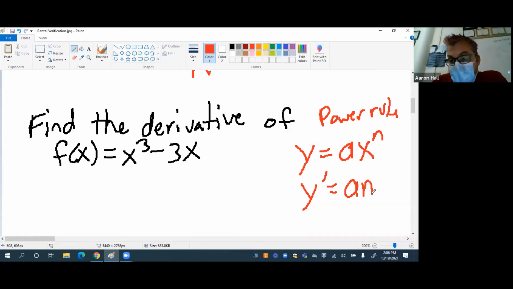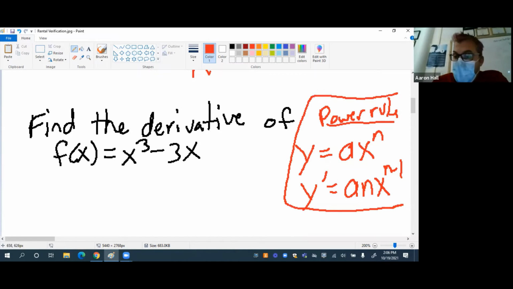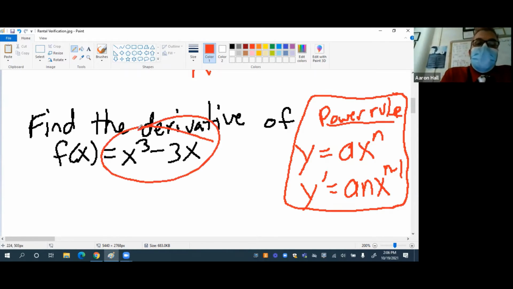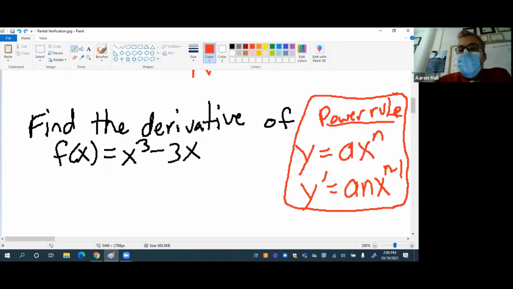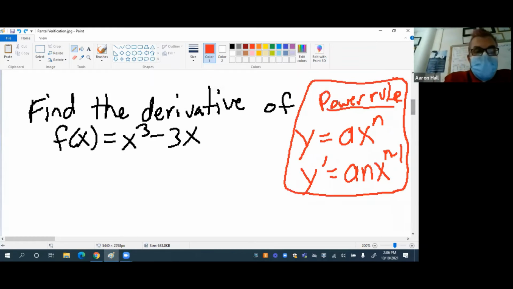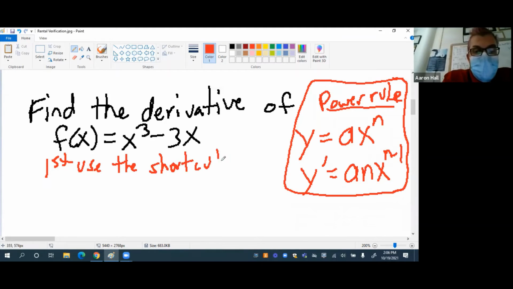A times n. Correct. That is our power rule. And so using the power rule, what is the derivative of x cubed minus 3x? Three x squared.